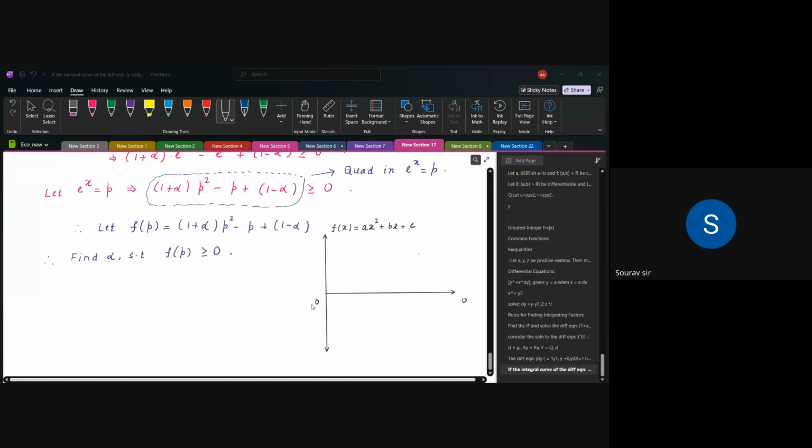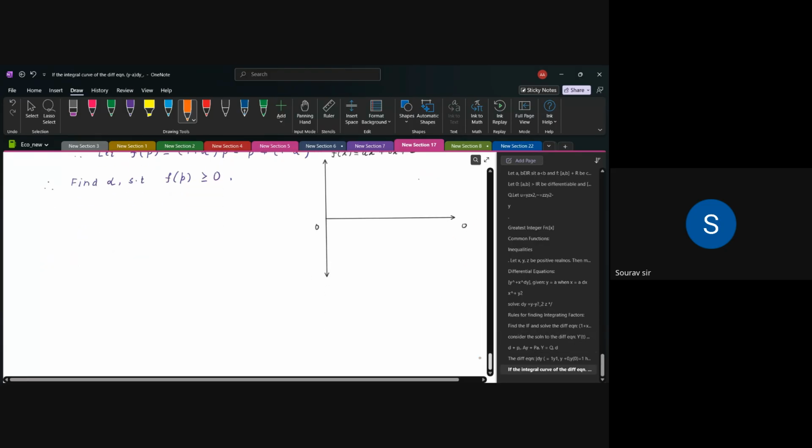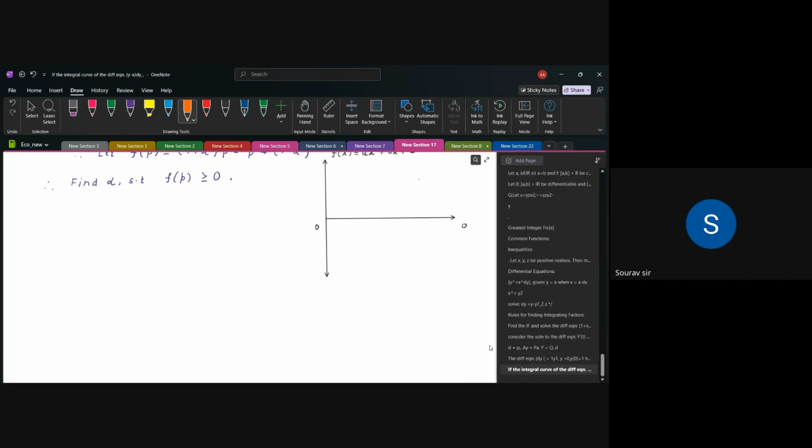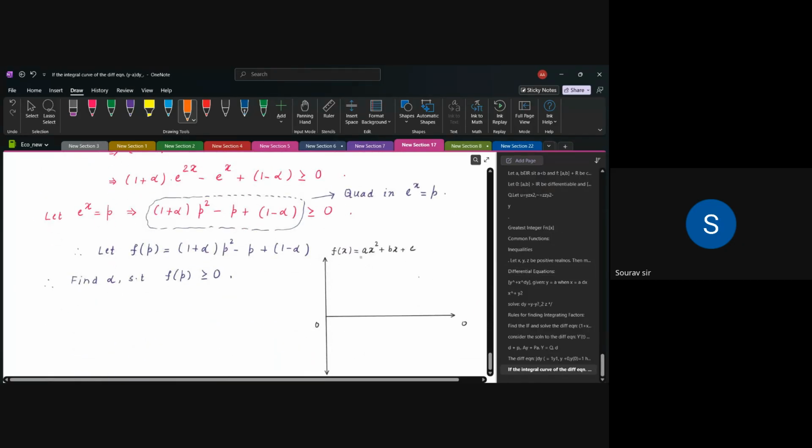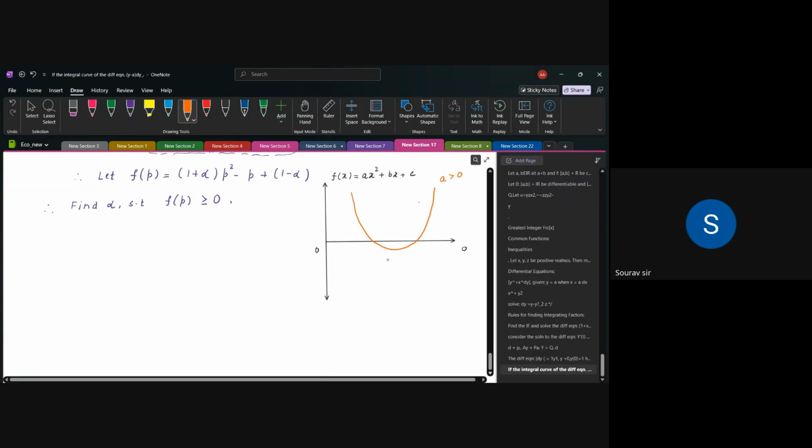It is either an upward U or a downward U. If you remember, if a, which is the coefficient of x square, is positive, then you always have an upward parabola. And if a is negative, then you have a downward parabola. Okay, that is the idea.